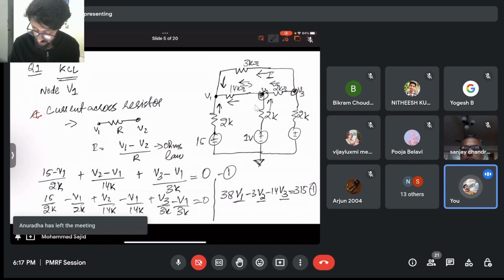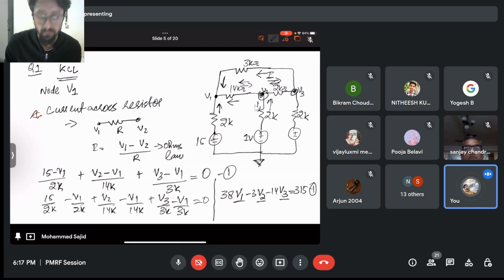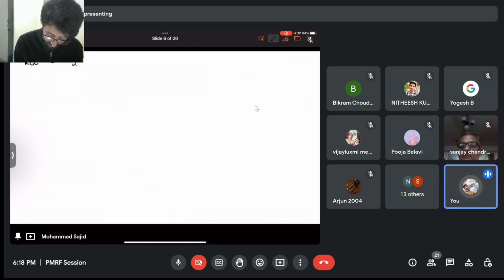It depends on your convention, but you should follow the same rule. For example, if I give the current direction from V1 to V2, then you have to write it as V1 minus V2 by 14, not V2 minus V1 by 14. So that should be taken care of. Now if I define at V2, the currents are coming in this way.